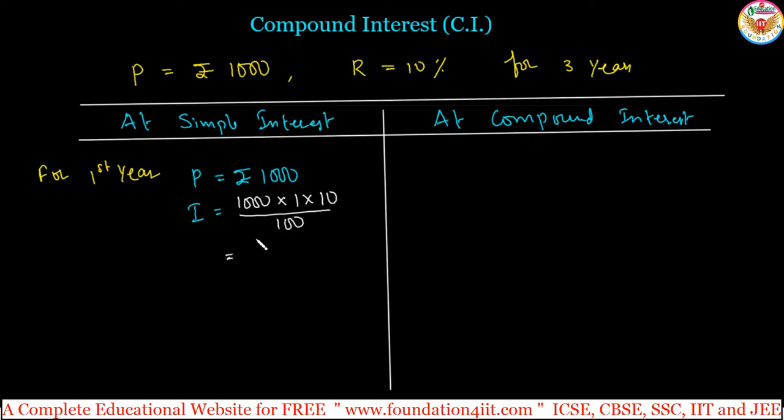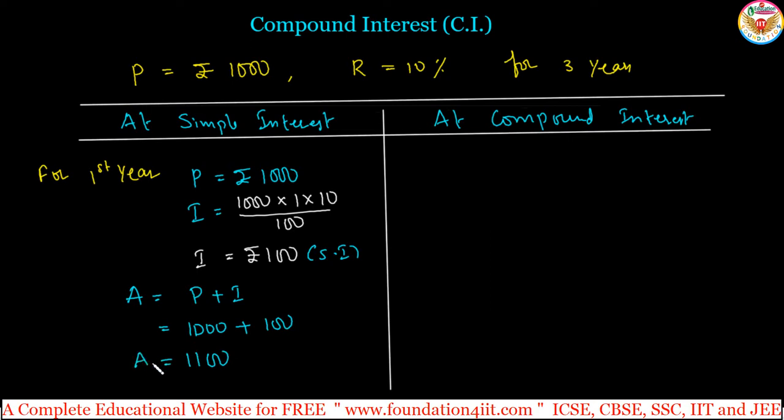If you calculate that, it is 100. 100 is the I, in this case the simple interest. Again, the amount is equal to P plus I, the principal amount plus additional interest. So that is 1000 plus 100, so the total is 1100. So the amount is 1100 for the first year.